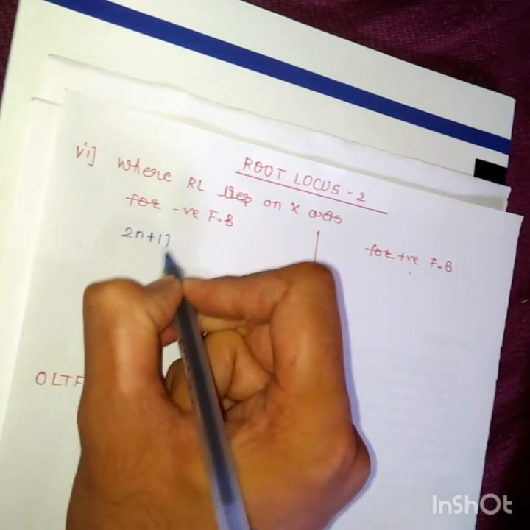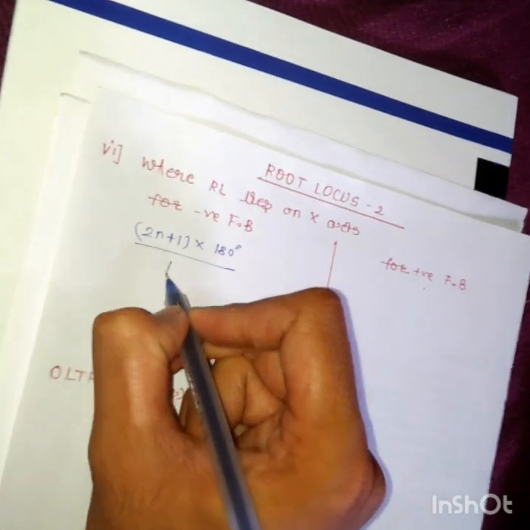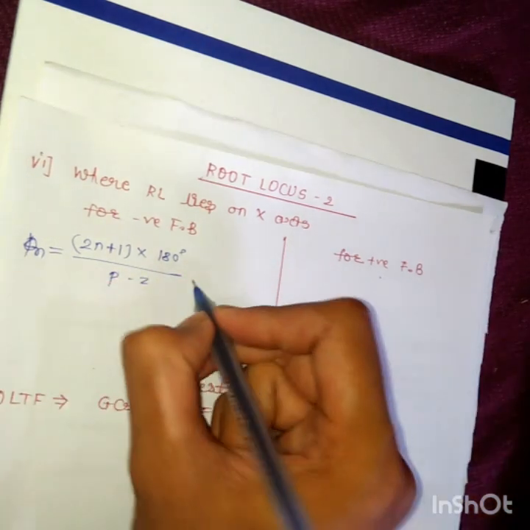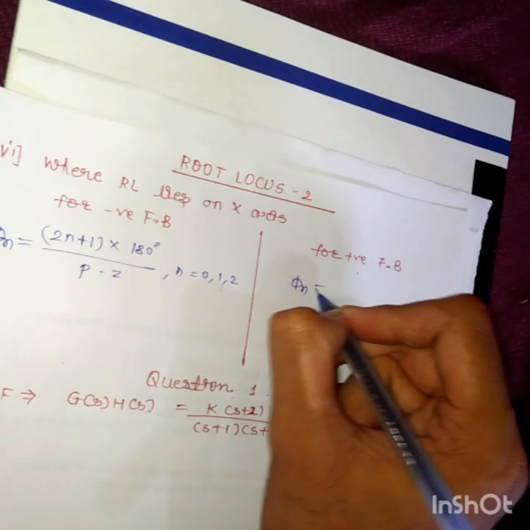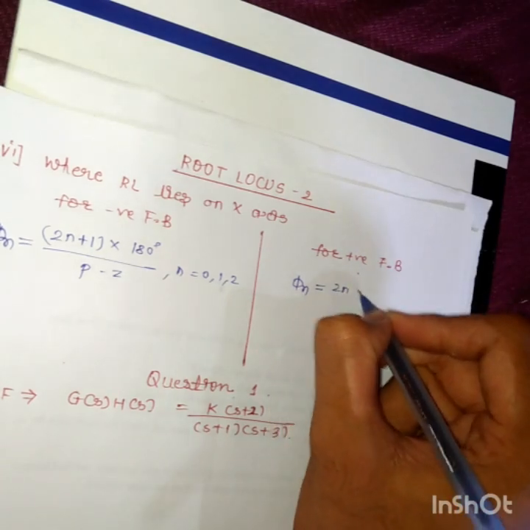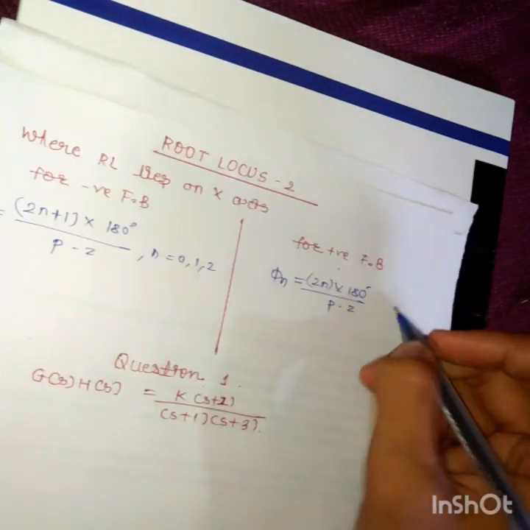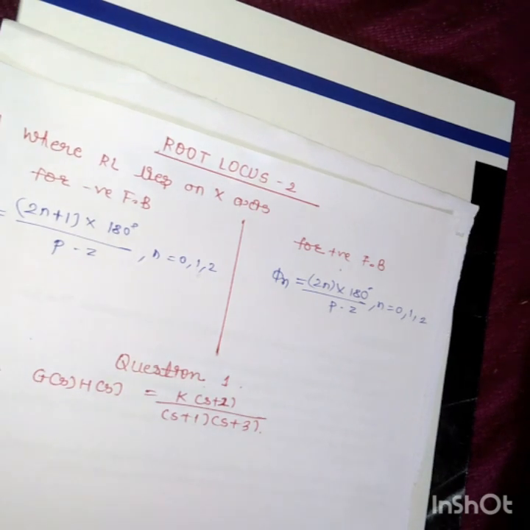For negative feedback, we take 2n plus 1 into 180 degrees upon p minus z, angle phi of n, where n is 0, 1, 2. For positive feedback we have to take phi n equals 2n into 180 degrees upon p minus z. This is the basic difference between the two.